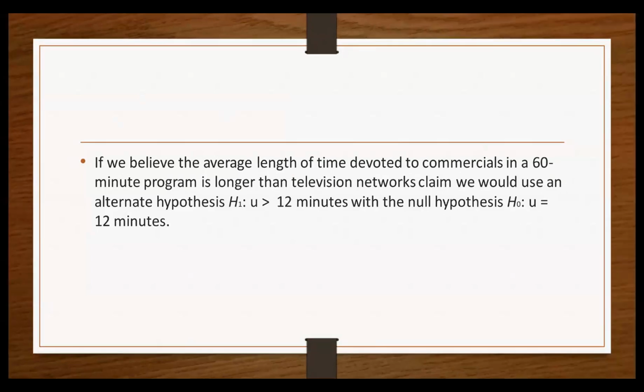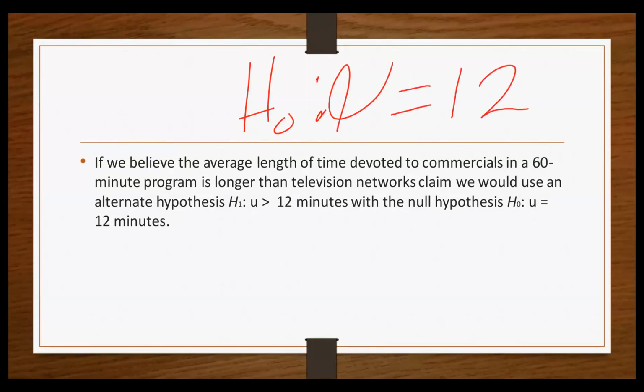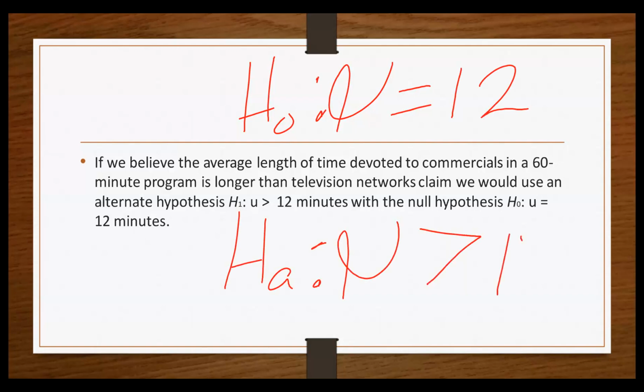The mean is said to be 12, so the null hypothesis will be such that mu is equal to 12 minutes. Then the alternative hypothesis, you believe it is more than 12 minutes. So your alternative hypothesis will be such that mu is greater than 12. Have you seen how different it is now?